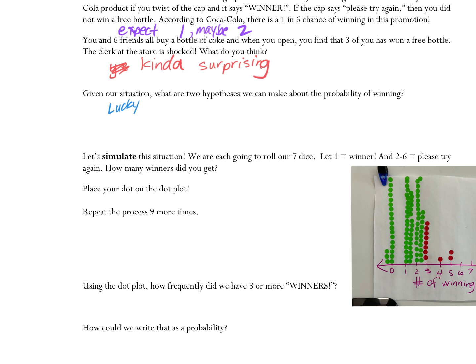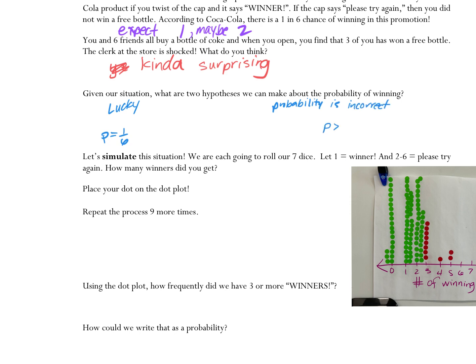And if that's the case, the actual probability is still 1/6. You guys with me? What's the other explanation? The probability is incorrect. And if that's the case, what can we say about the probability?